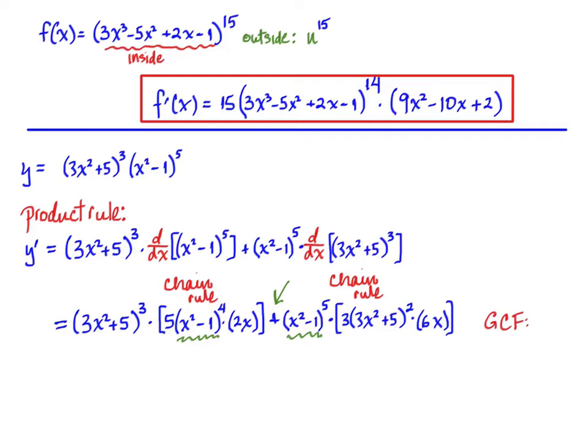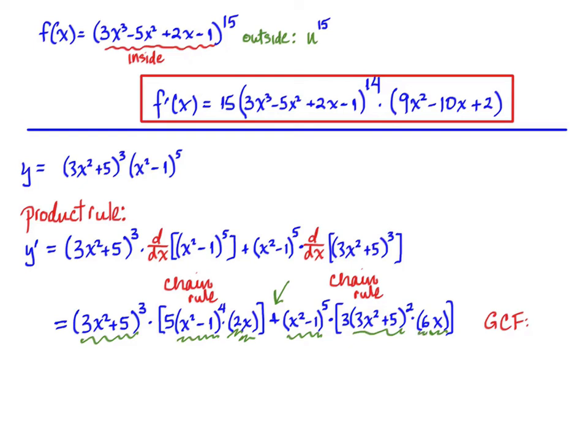We also have a 3x squared plus 5 to the third in the first term, and a 3x squared plus 5 to the 2 in the second term. So the highest power of that one is 3x squared plus 5 squared. We can pull that out of both terms. And then I notice I have an x there, an x there, a 2 there, and then another 2 buried inside that 6.